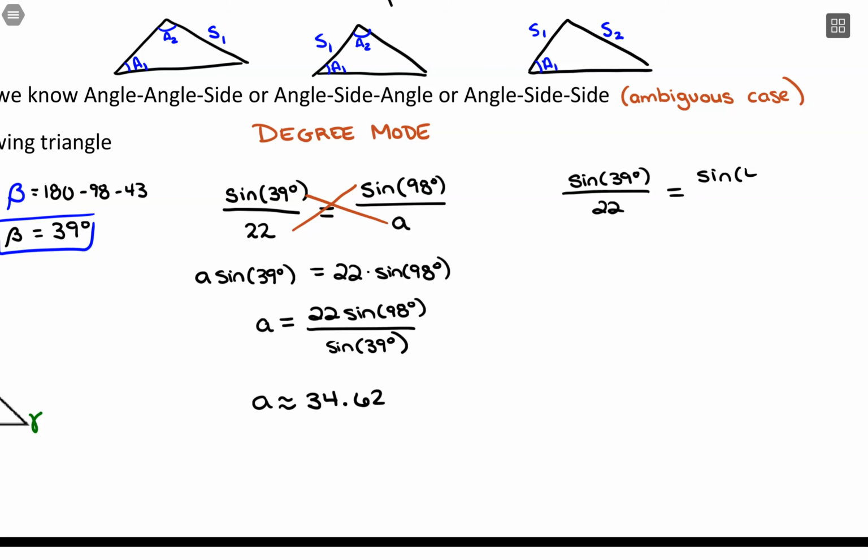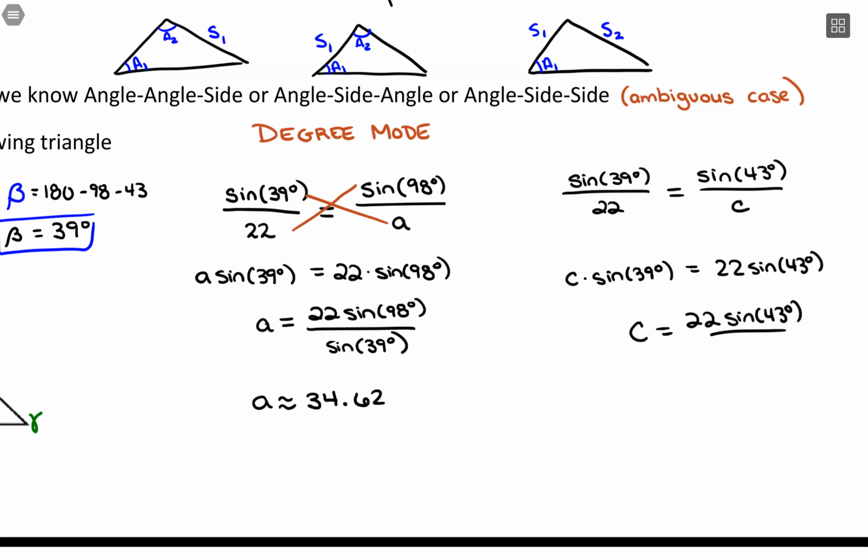So I'm taking sine of 43 degrees over C. And then I'm just going to solve for C, so I know what to plug into the calculator. So C times sine of 39 degrees is equal to 22 times sine of 43 degrees. Divide by sine of 39 degrees, so I'm getting 22 sine of 43 over sine of 39. Sorry, lost it there.